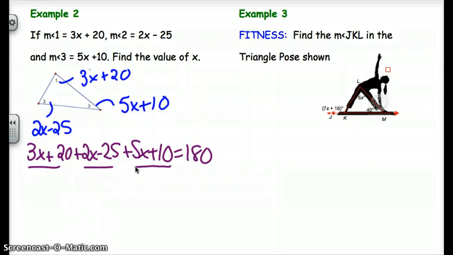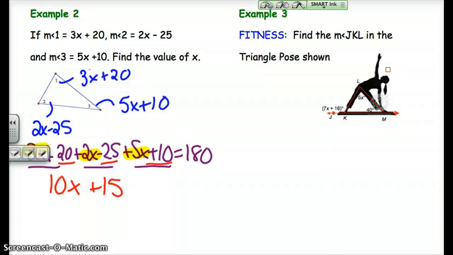Now I'm going to get my like terms together. Here are my like terms. So I have 3x, 2x, and 5x. That gets me 10x. I've got 20 and 10 and minus 25. So when I get those together, I get a plus 5, not 15, equals 180.